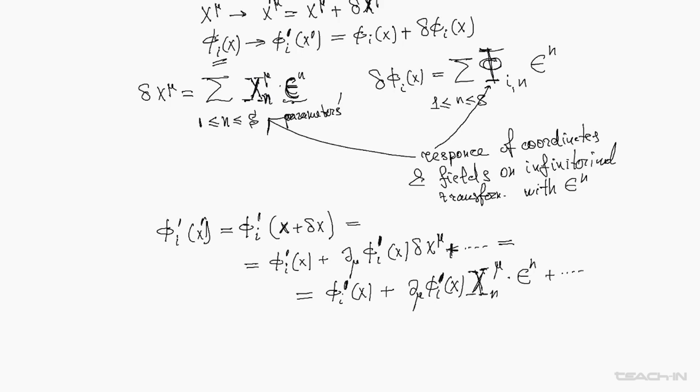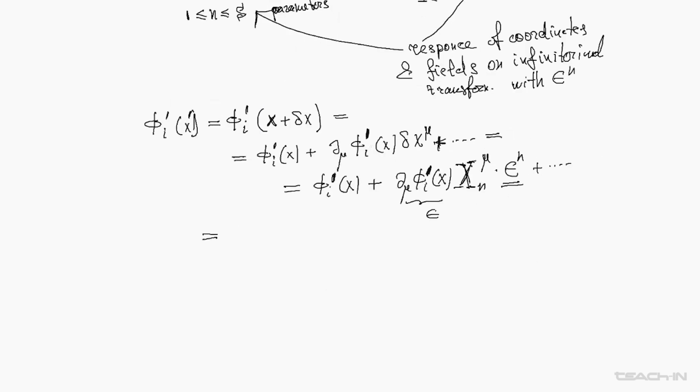But one order epsilon is already here because delta x mu is of order epsilon. This means I will not make a mistake at leading order in epsilon if I replace phi prime in the derivative with the original field phi I, because the difference between phi prime and phi is of order epsilon, and so it will contribute at order epsilon squared, in the terms I'm not interested in.